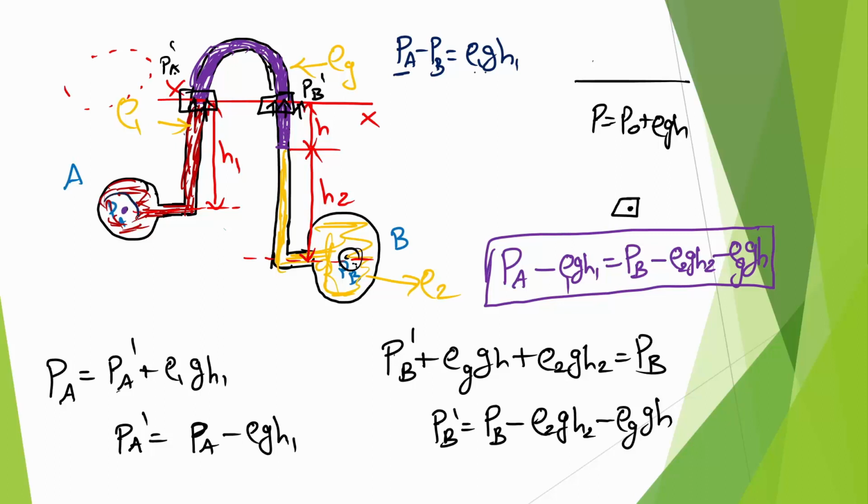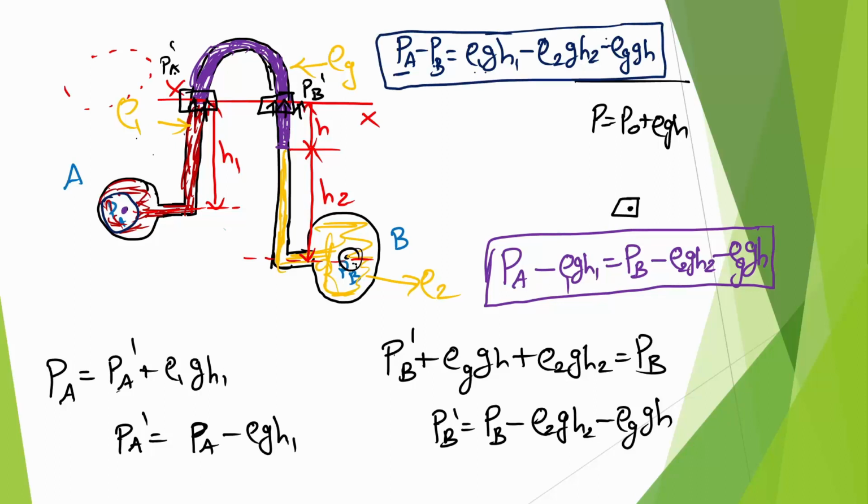This is again a hint for you. This rho 1 is taken to the other side, so the negative will become positive, minus rho 2 g H2 minus rho g H. This is the formula I can employ. But again, as I have mentioned, rather than using it as a formula, deriving the formula for that particular given condition will be easy in terms of solving the problems.